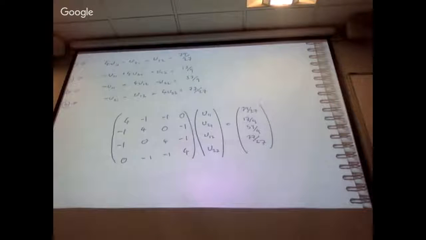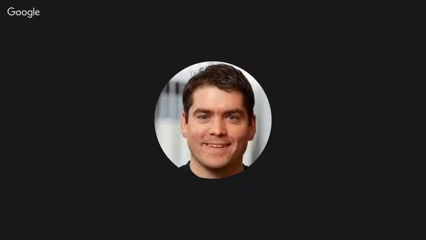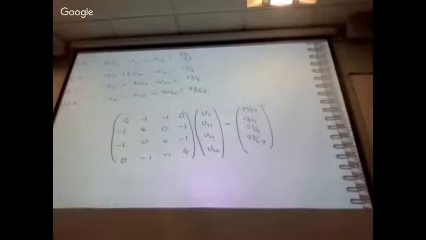You can solve that using, if you want, this one's quite small, so you can easily solve it using Gaussian elimination or any other linear solution method. Gaussian elimination wouldn't be very good for large systems. You require an iterative indirect method. Does that make sense?